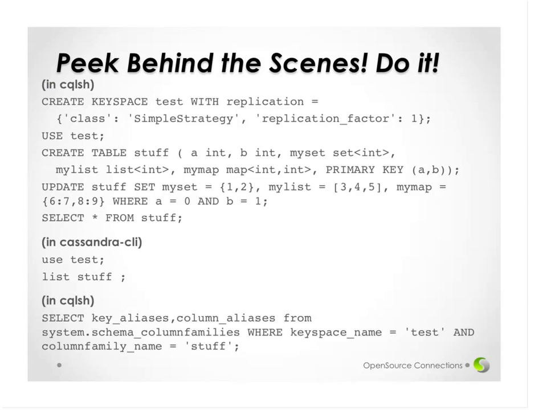Effectively, if you follow my example here, I basically implement a table that has all the collection structures we just talked about, and then I look at it both inside the CLI and inside the CQL shell. And you can see for yourself exactly how things shift around. So if you ever have a question, and I haven't covered it with this talk, go back to this slide, and this takes 5 minutes tops. Run a quick example for yourself, and you'll understand exactly how all these things are wired together.